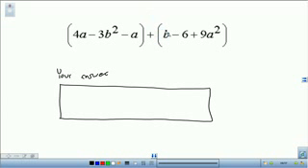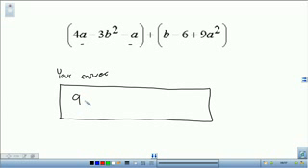Hint, you don't need to change anything in here like we did on the last one. So look for a's. Oh, you actually can combine those. You won't be able to combine a minus 3b squared, and I don't think you'll be able to combine these things. But you should write your squareds first, your a squared term should come first.